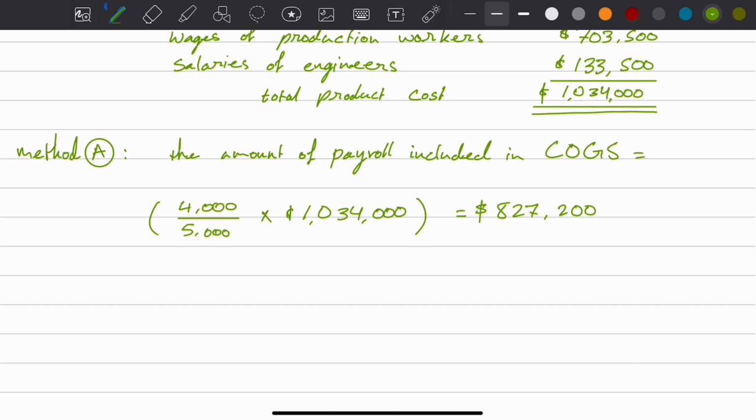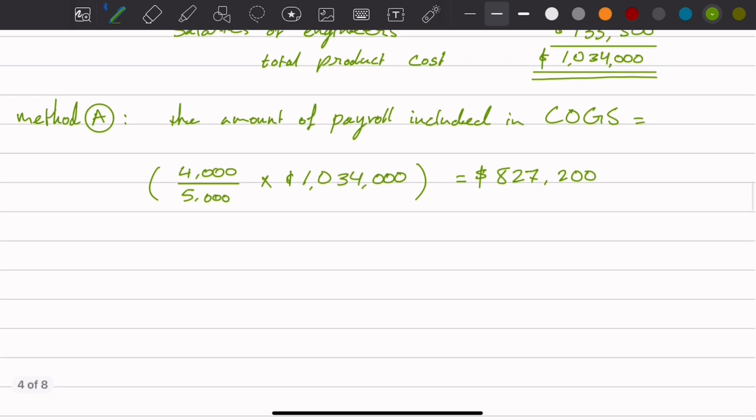The other way we can do this is that we can find what is the amount of payroll that would be included in the cost of goods sold per unit. How do I do this? Let's write here method number B. You don't have to do both methods. You just pick the one you prefer that you will not forget hopefully in the exam and just do it. Okay? I'm going to copy this.